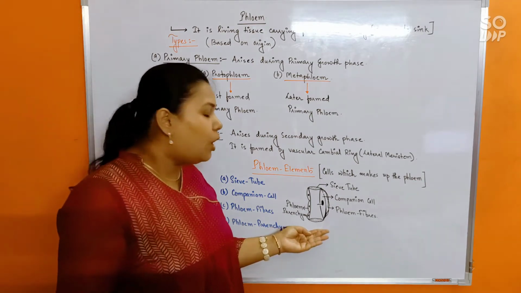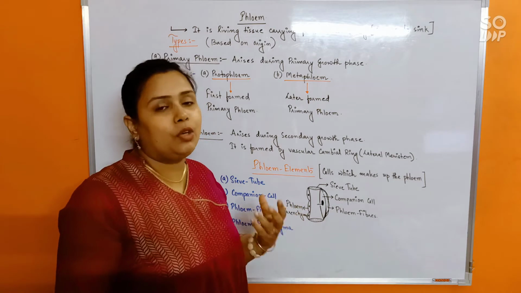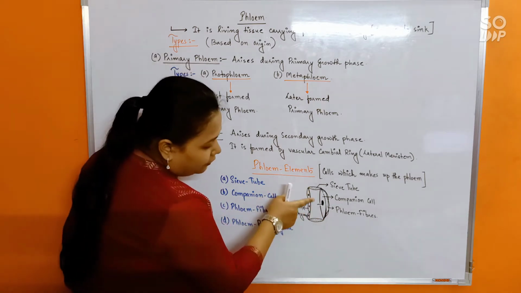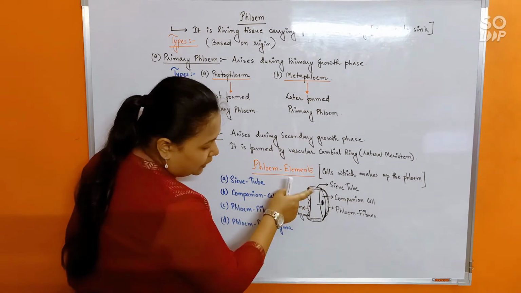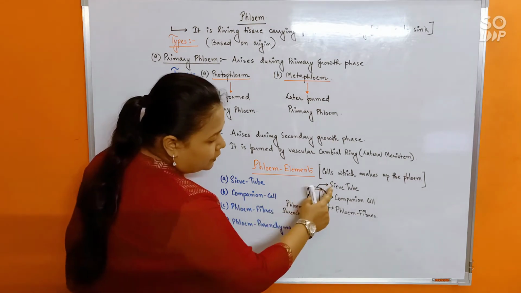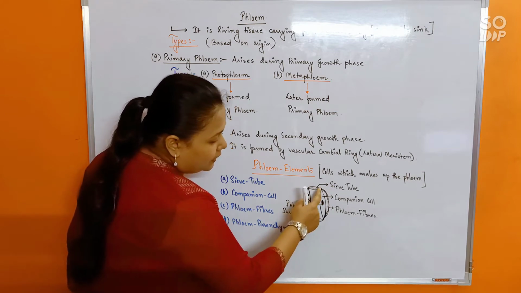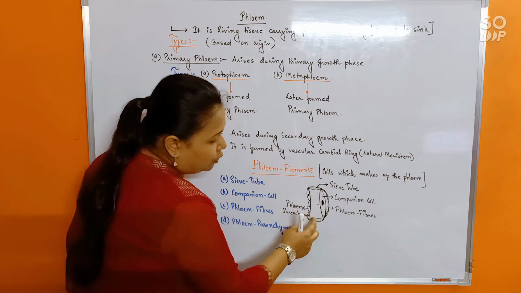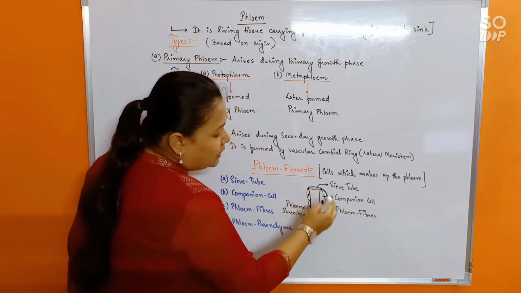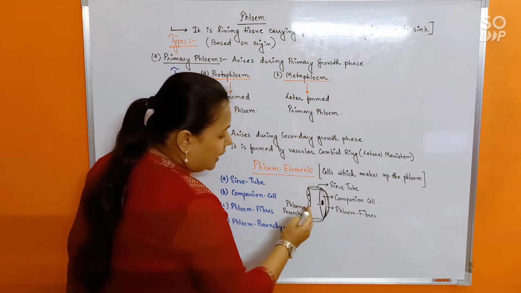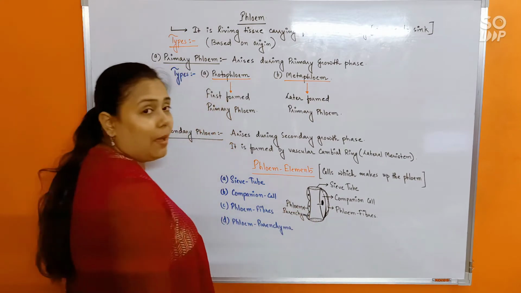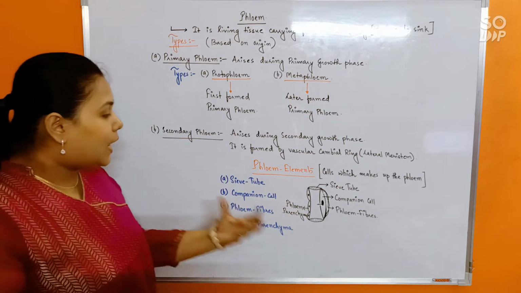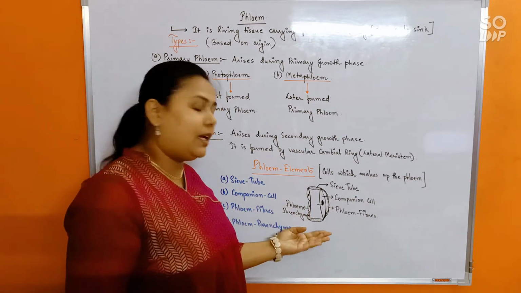This is a diagram of how the phloem as a tissue will look like with all the 4 cells together. This being the chief conducting element in the phloem, as you can see, is called the sieve tube. Likewise, this spindle shaped cell just adjacent to the sieve tube is the companion cell. Adjacent to that are phloem fibers, and then these smaller cells, the parenchyma cells, are the phloem parenchyma. Together the phloem as a tissue would appear like this.